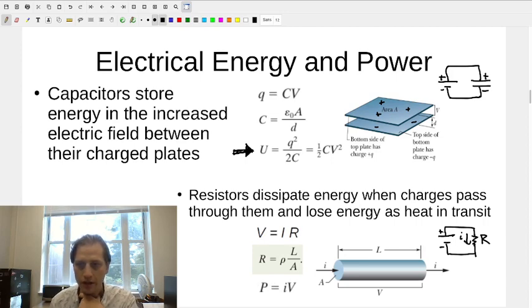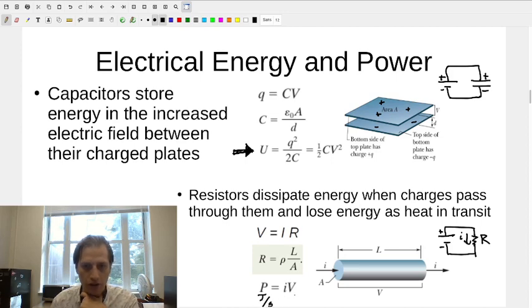The particles that were accelerated by the electric field in the battery go over and over and over, and then they lose energy as they go through the resistor, and once they've lost that energy, that energy is radiated as heat. So P equals IV, power is in terms of watts, which is joules per second.